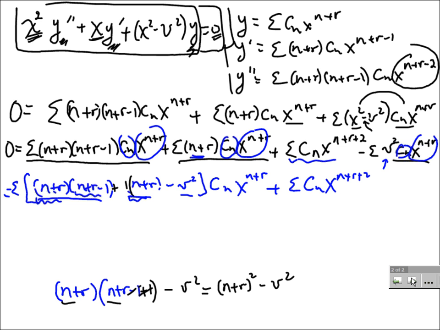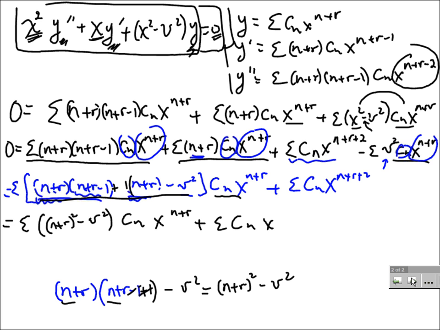Okay, so let's write that down. 0 is equal to the summation of this mess, which is (n plus r) squared minus v squared times c sub n x to the n plus r, plus the summation of c sub n x to the n plus r plus 2.